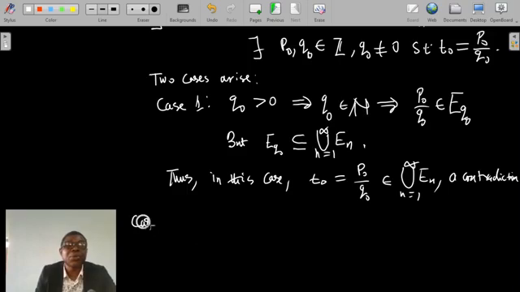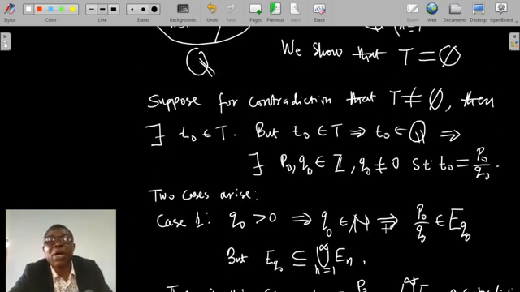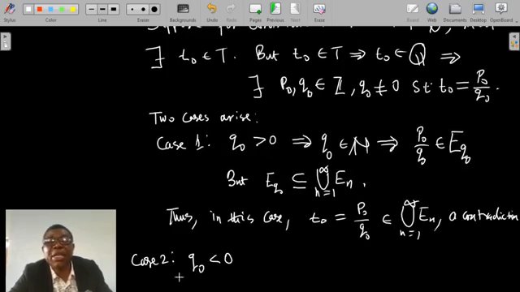Case 2 is the case where we shall assume that q naught is strictly less than 0. Remember, we are having strict inequality here based on the fact that q naught is not 0. So q naught can either be bigger than 0 or less than 0.